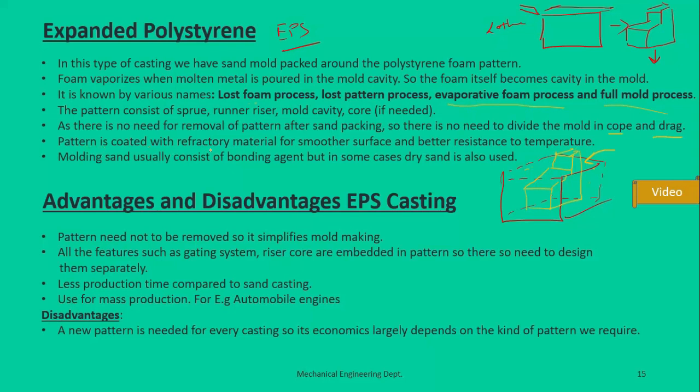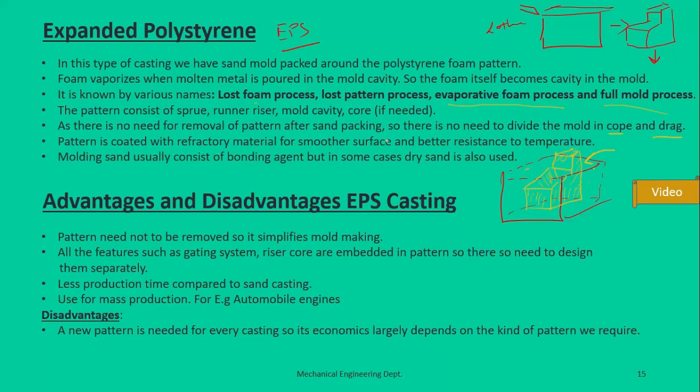The pattern is coated with a refractory material for a smoother surface and better resistance. So we coat the surface of the pattern with some refractory material because this surface will be in contact with the sand and will form the surface of the part as well.